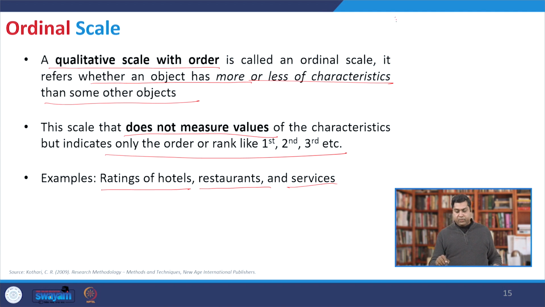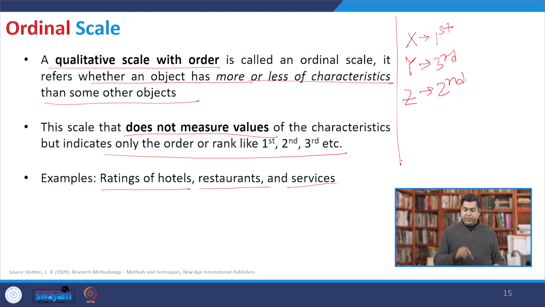Suppose I have persons X, Y, Z. X has the first position depending on CGPA, Y is third and Z is in second position. What is important is to measure the first, second or third rank, but there is no measurement in it, it just shows a particular order.